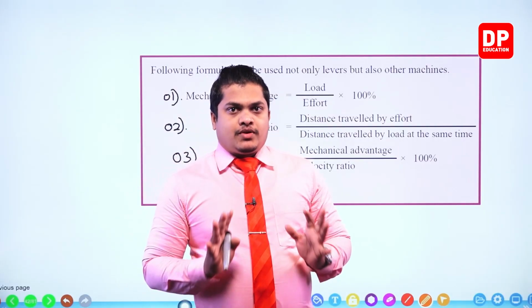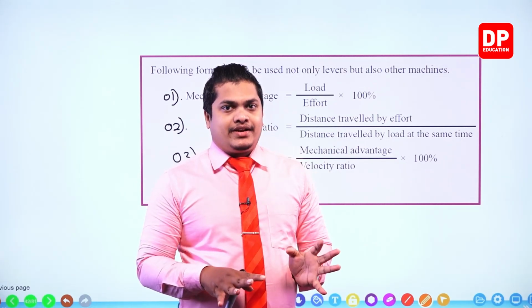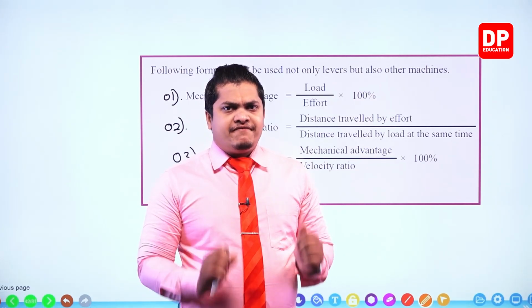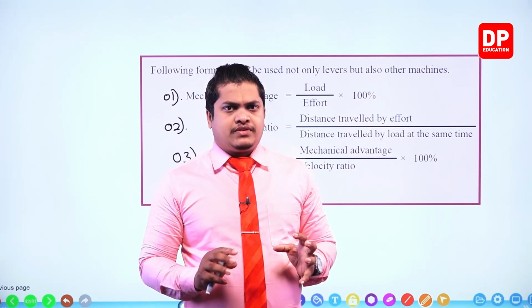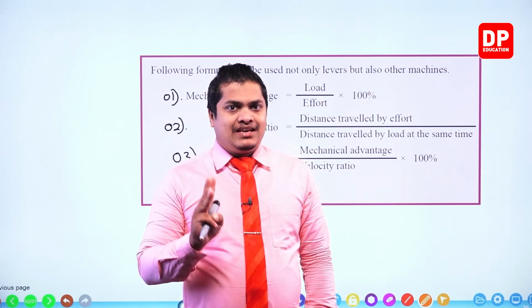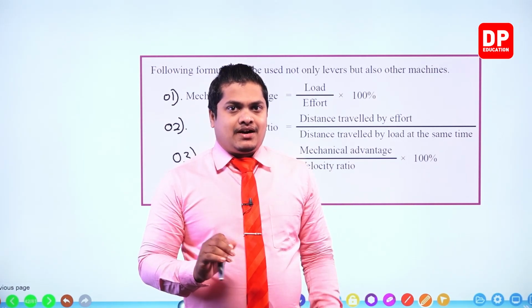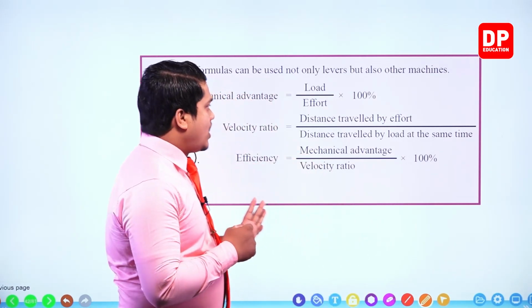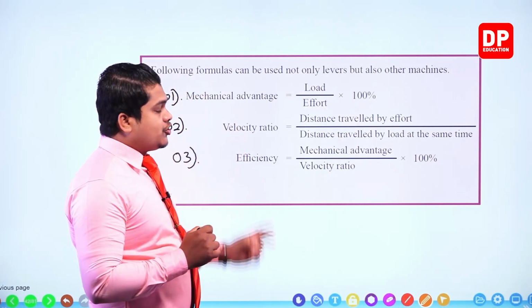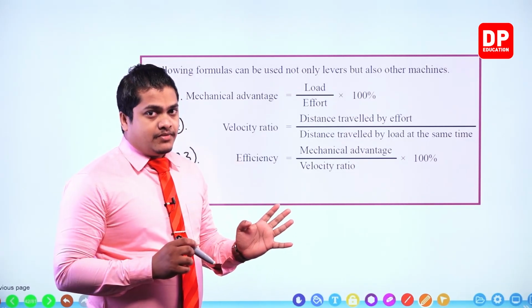I hope you got the idea about the calculations related to simple machines. Always remember, for each and every machine we can do several calculations regarding three main key concepts: the mechanical advantage, the velocity ratio, and the efficiency percentage of the machine.